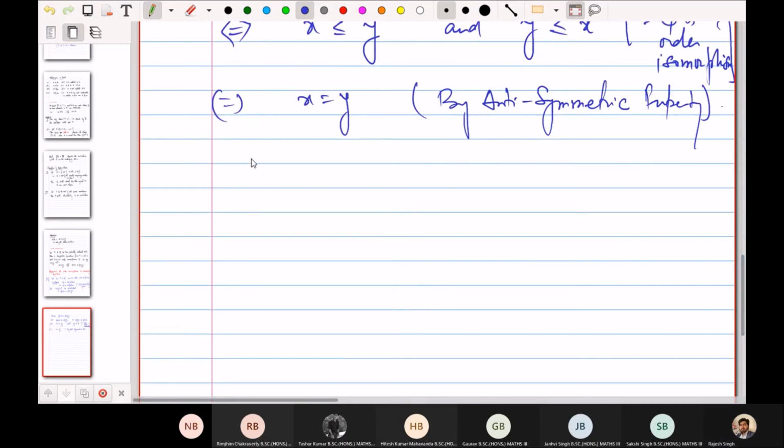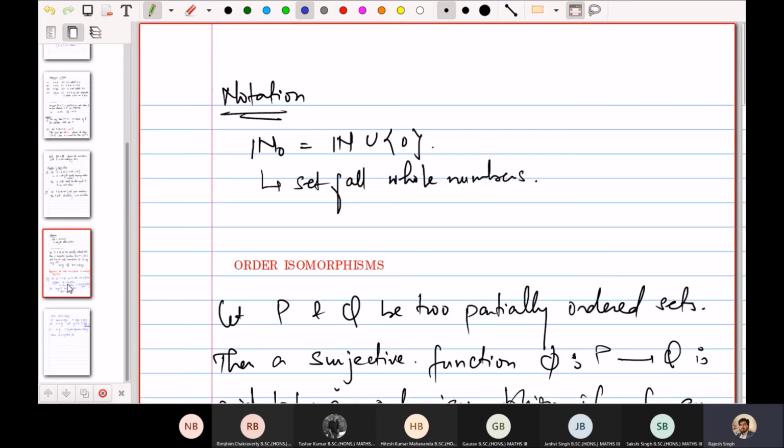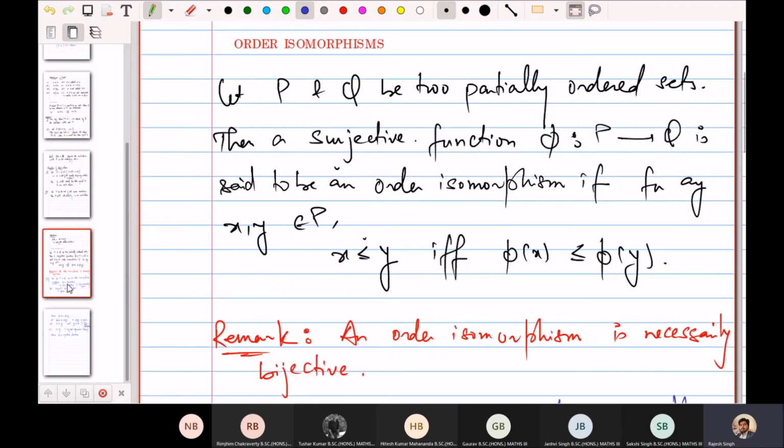Okay, so hence phi is injective function. So every order isomorphism is necessarily bijective.